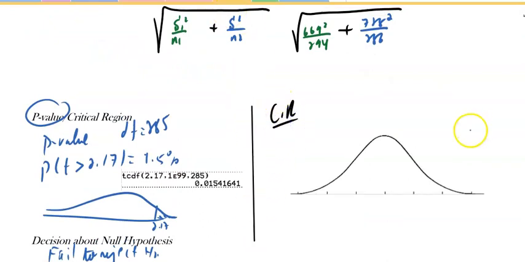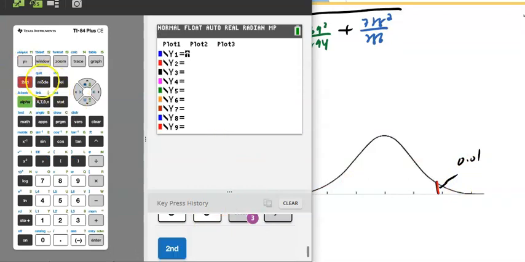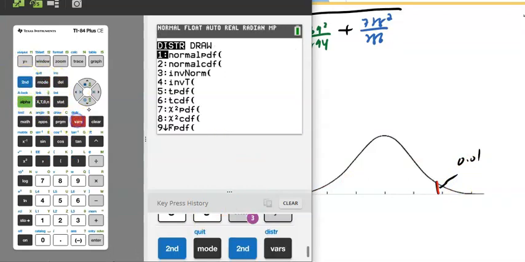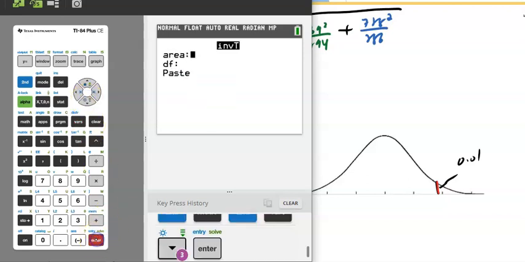The critical region method, we'll say, okay, we're looking for a t-distribution. We want this to be 0.01. Let's figure out what the cutoff point is. So I would go to my distribution, and I want to use inverse t. And remember, this runs from the left all the way up.